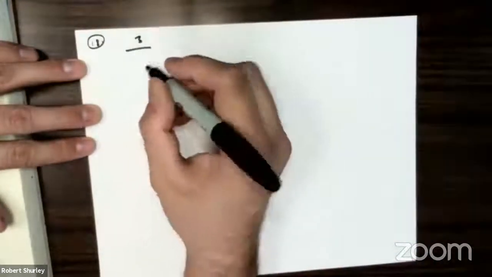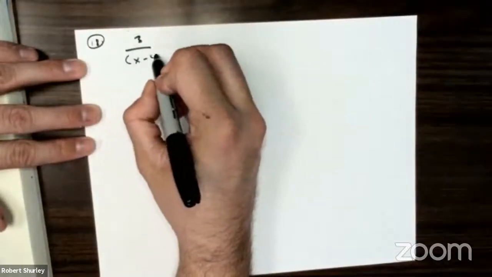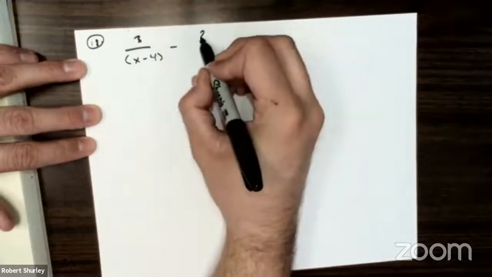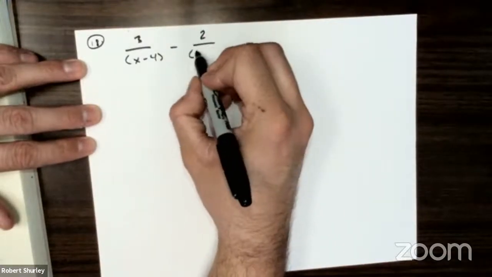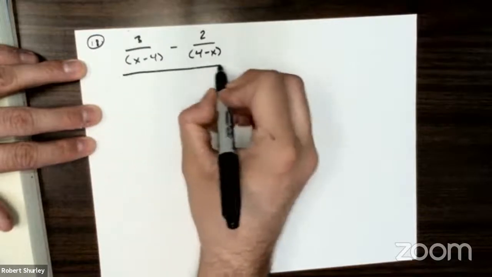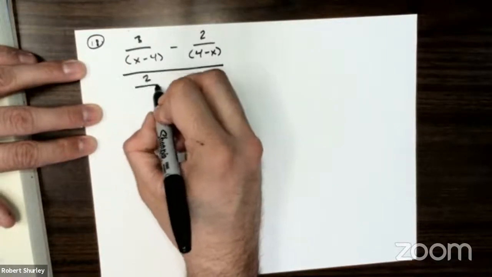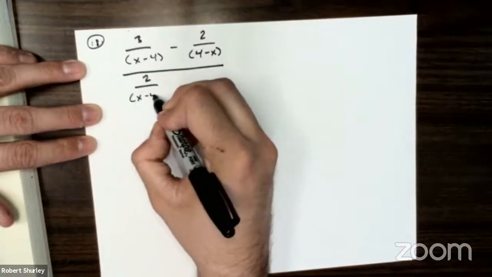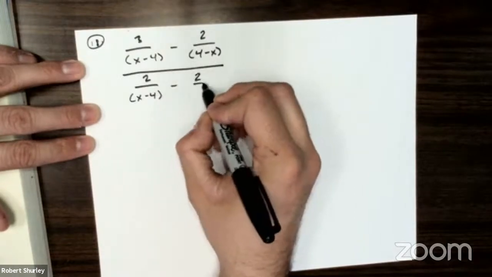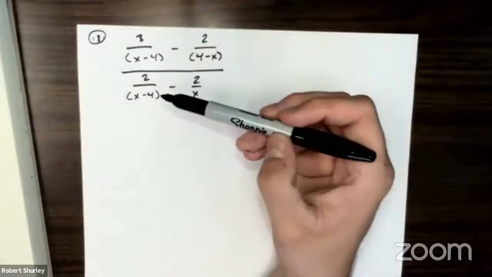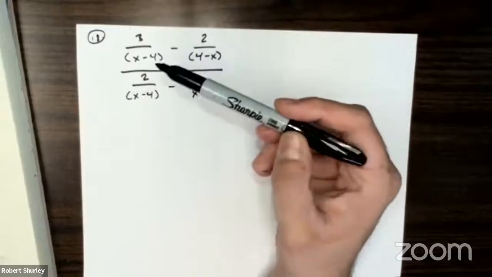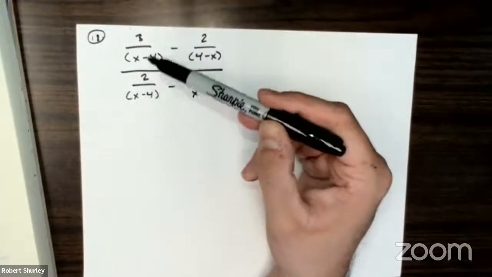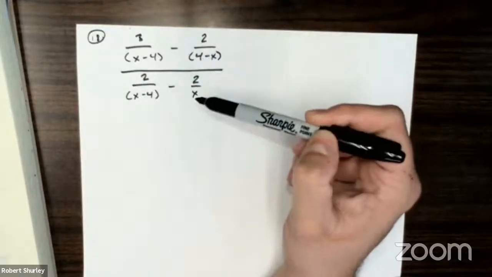So we've got 3 over x minus 4 minus 2 over 4 minus x, over 2 over x minus 4 minus 2 over x. Now notice we really have 3 different denominators here. We've got an x minus 4 on these 2 denominators. We've got a 4 minus x and an x.